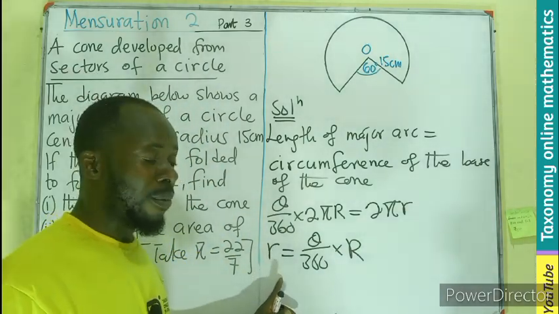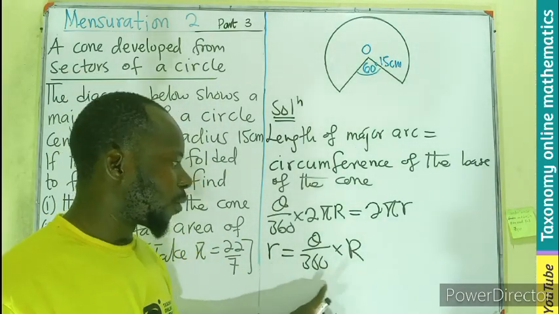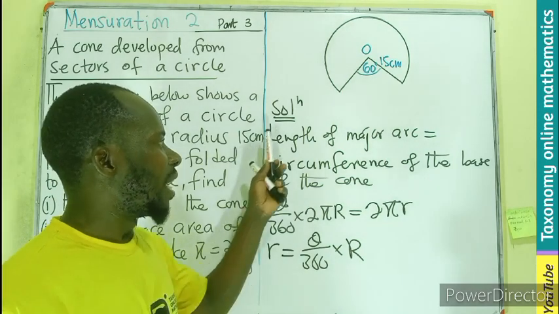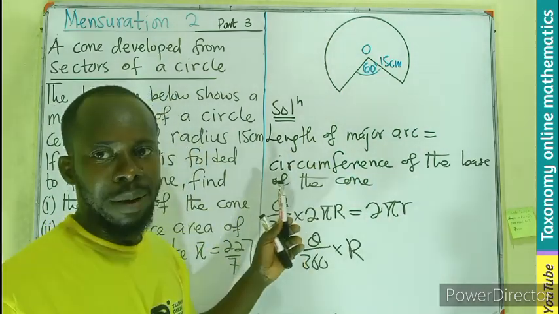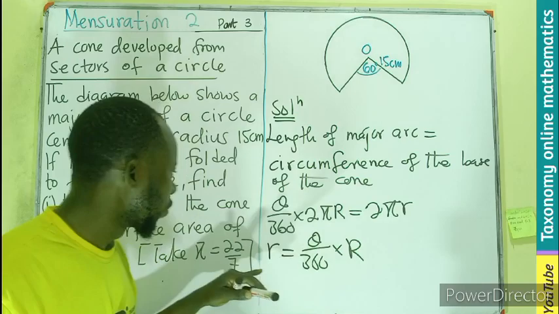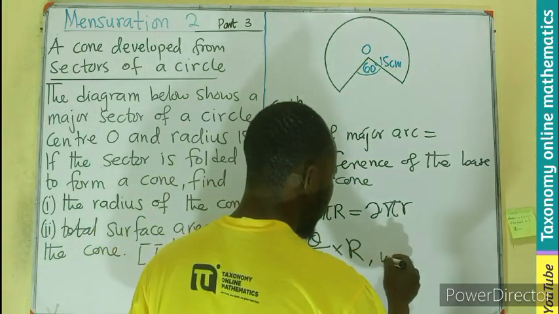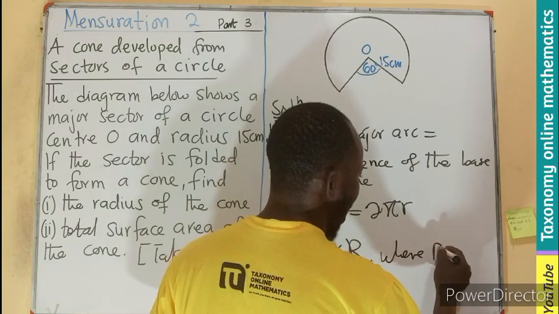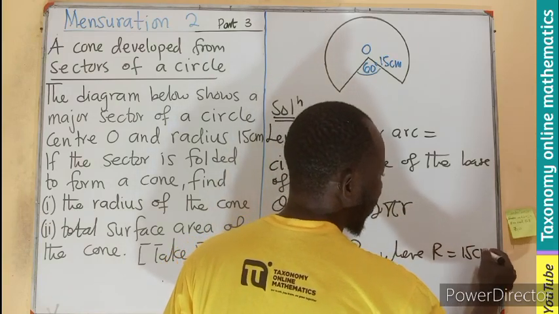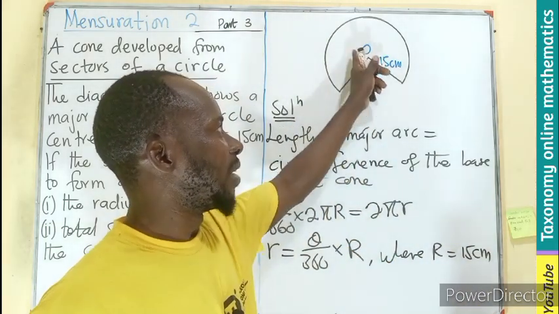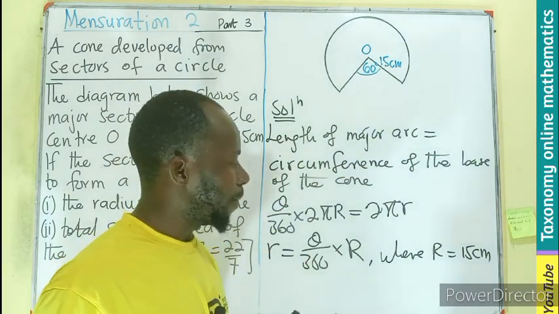So this is the formula we derived. We can quote this formula directly without writing the relation between them. Just this is the radius of the cone that we are looking for. So here, our R is given to us as 15 centimeters, that's the bigger radius of the sector.